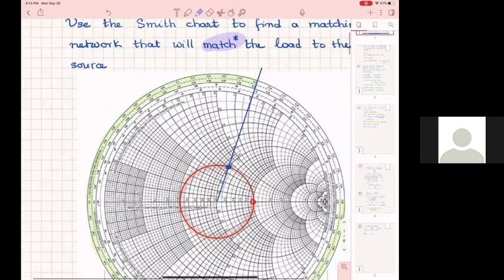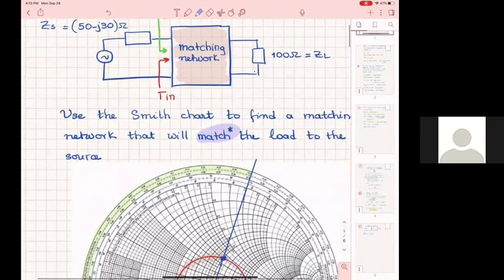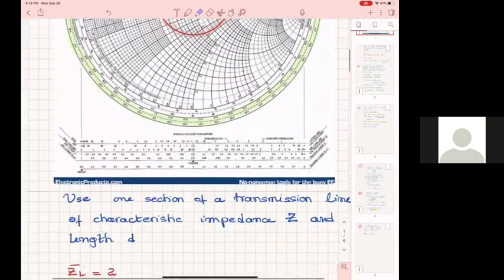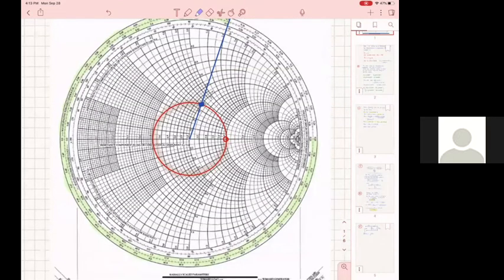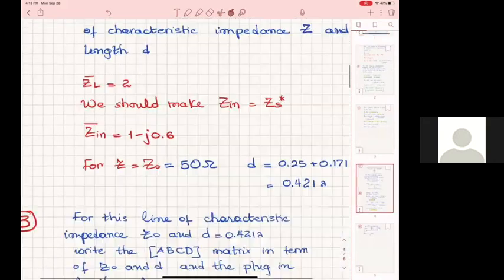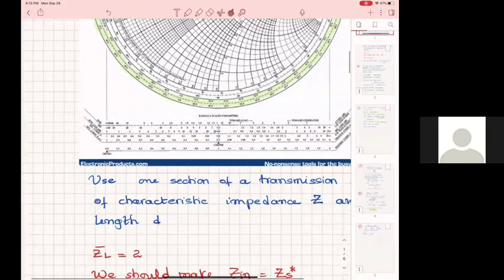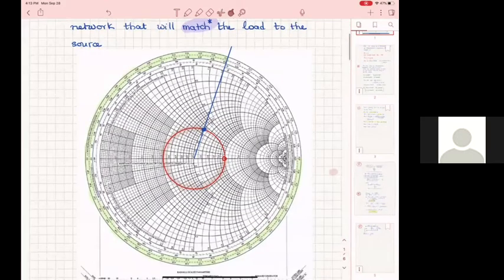So let's take this one, all right? In this one, let me see how I have it. You will see it in the solution. So ZL2 is this one, the red point here. Okay, this point here is the load.